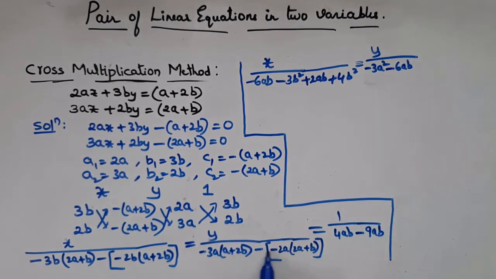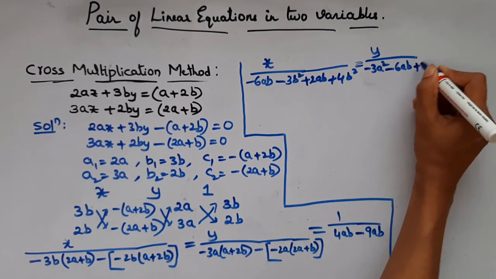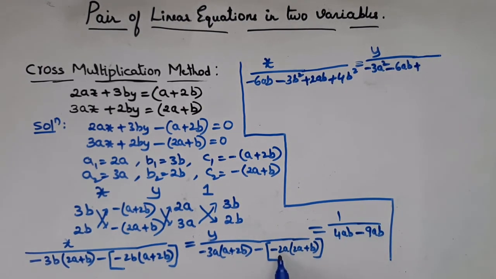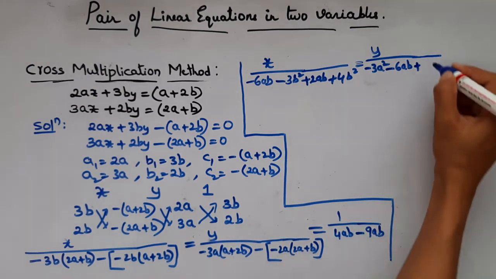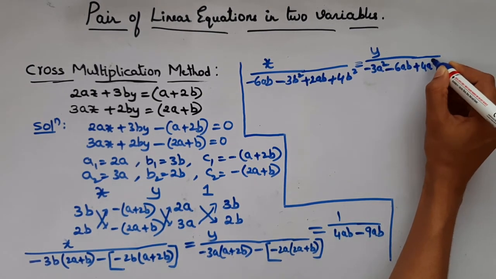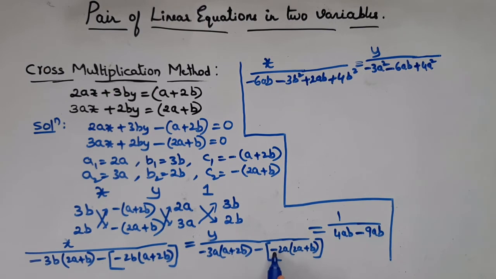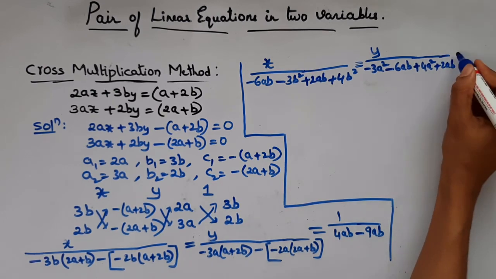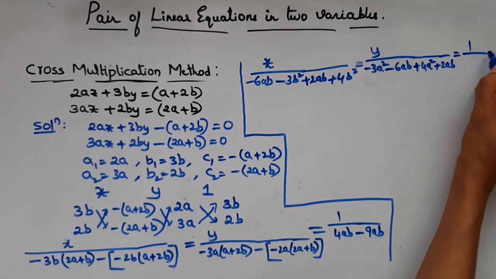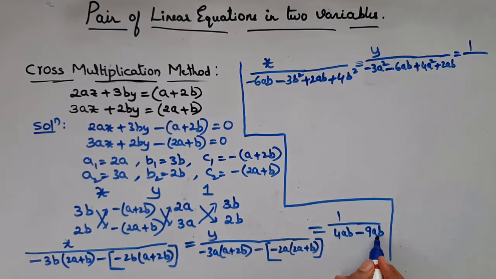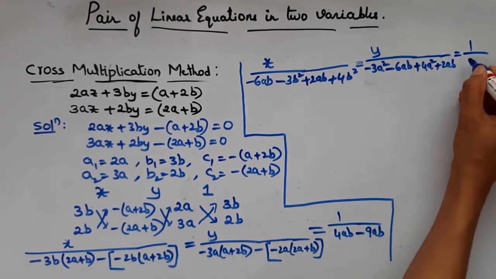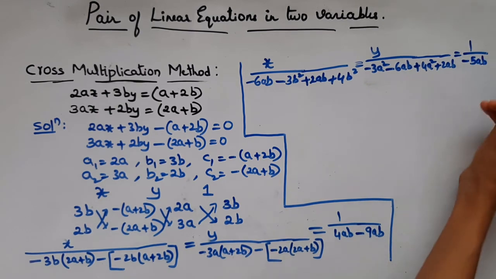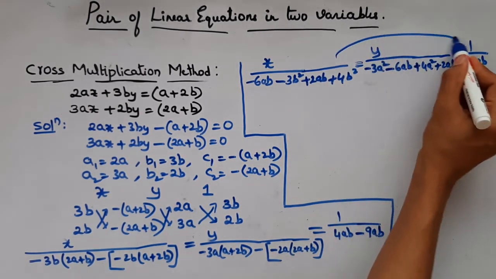So we will open this bracket, that is minus into minus is plus, so we have plus here, so 2a into 2a is 4a square, we have already taken this minus out, so 2a into b is plus 2ab, right, which is equal to 1 by 4ab minus 9ab is minus 5ab, right.